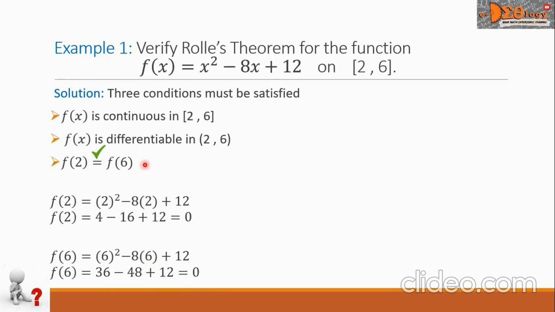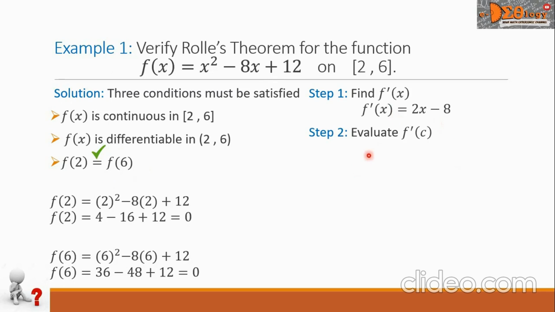Now, we will look for the value of c. Our step 1 is to find the derivative. So f prime of x is equal to 2x minus 8. Step 2, evaluate f prime of c. It means we will substitute the value c to every x that we see on the right side.